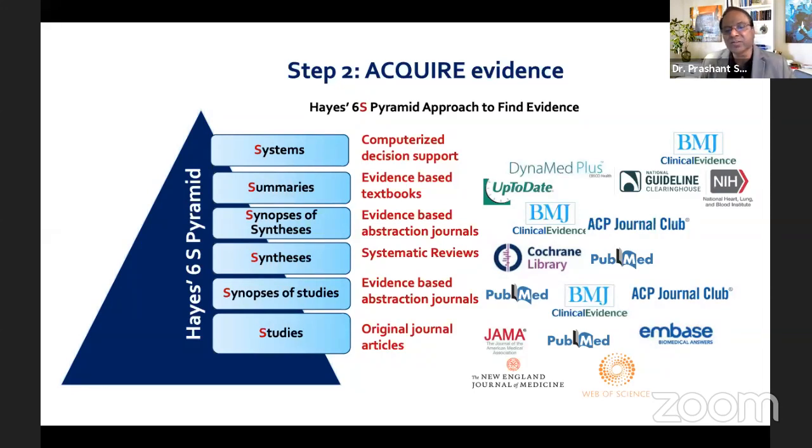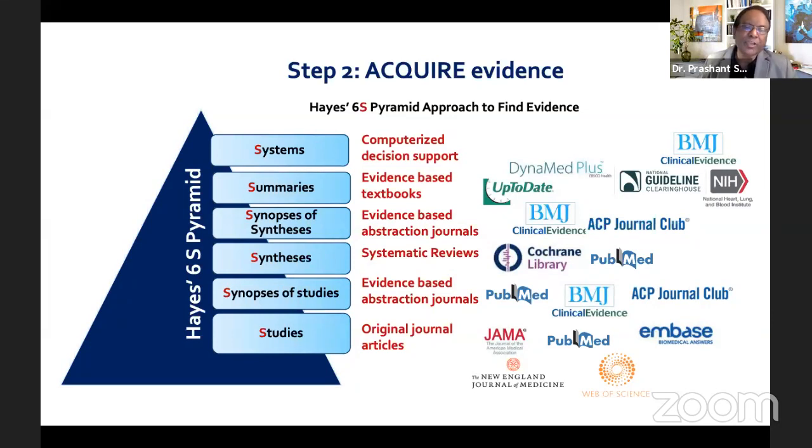So these are the resources where you can look for the original single studies. But think about it, if you are looking for evidence for your patient and you have to go through thousands and thousands of studies, it is a poor place to start your search.